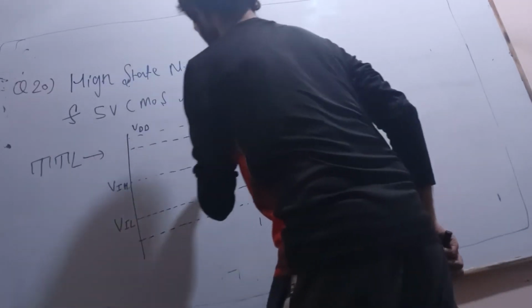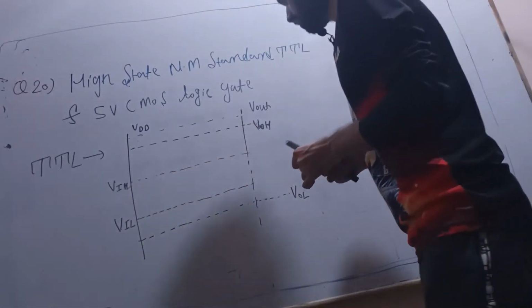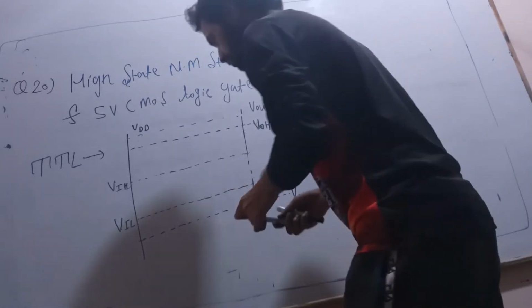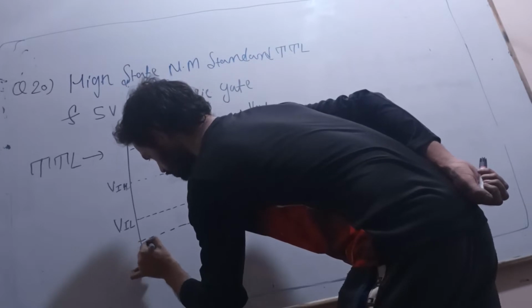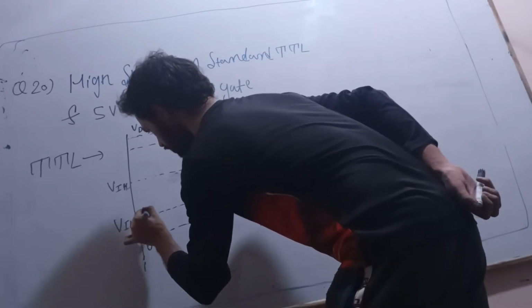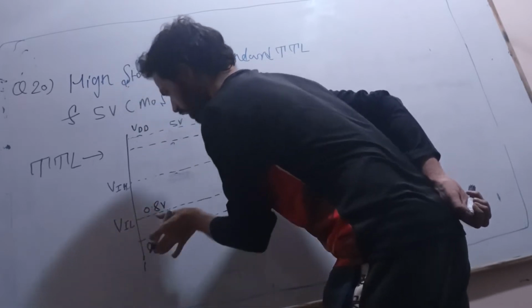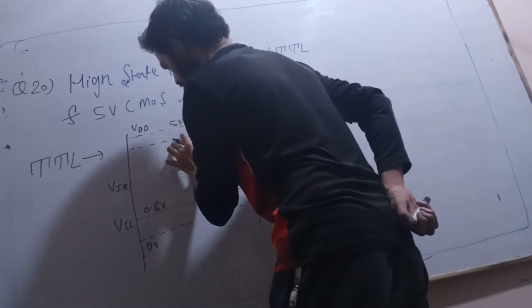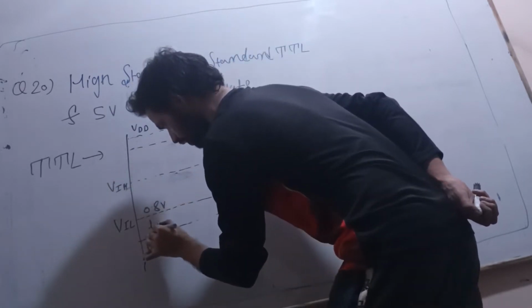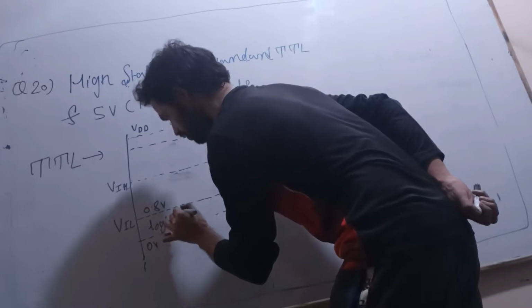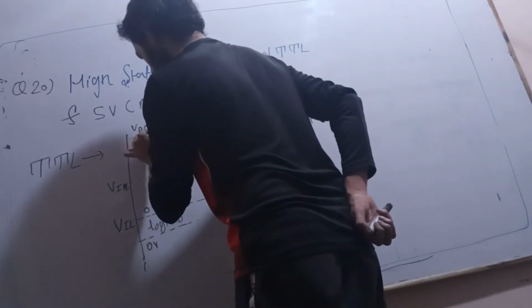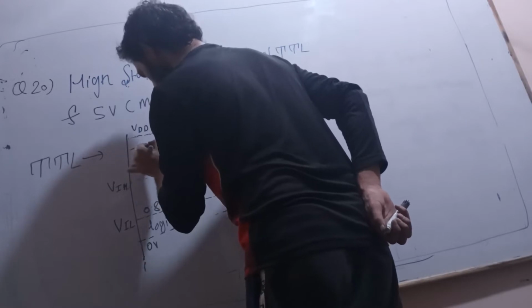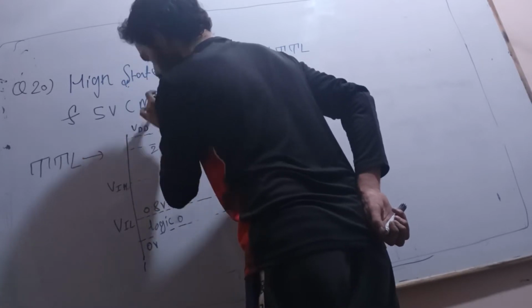This is for TTL. At the input side, logic 0 is from 0 volt to 0.8 volt, and logic 1 is from 2 volt to 5 volt.